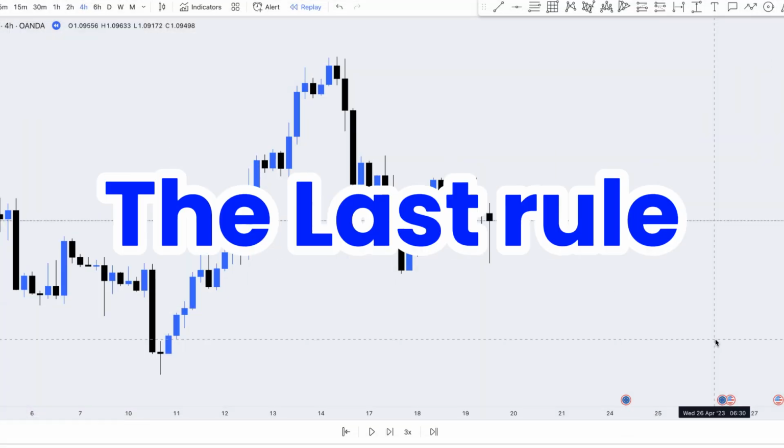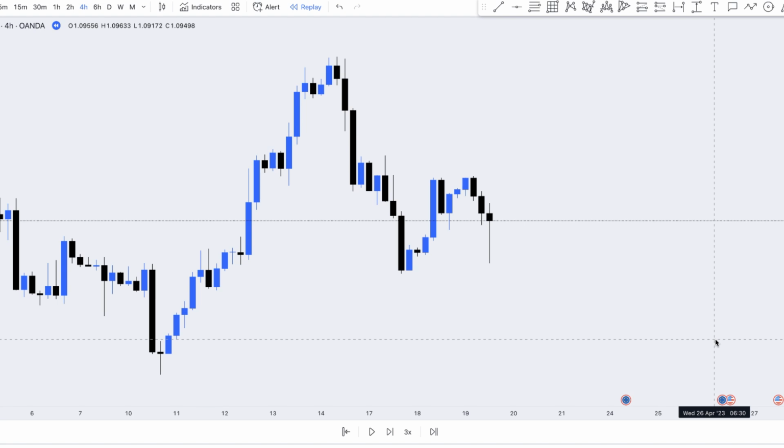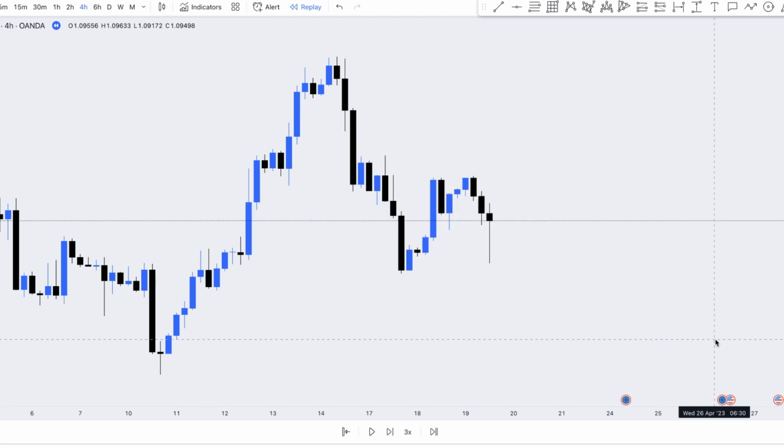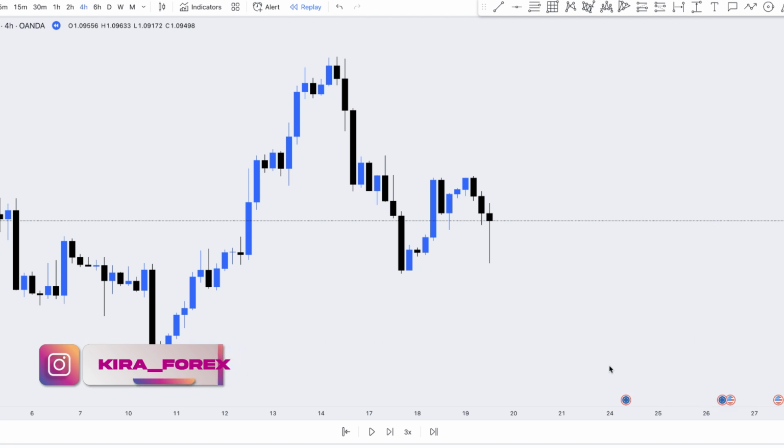The last rule you should consider when drawing support and resistance is your entry. So after drawing your support and resistance, you also consider what candlestick pattern has formed around the support or the resistance level, and also your take profit and stop loss.